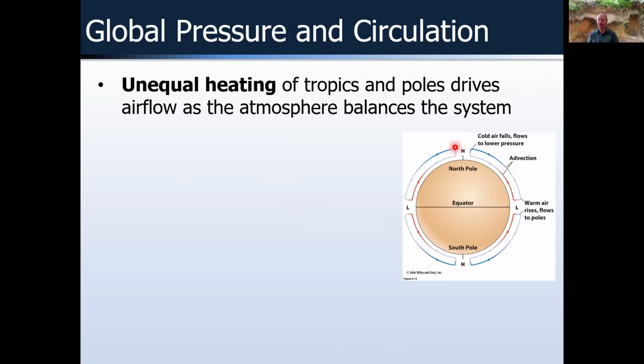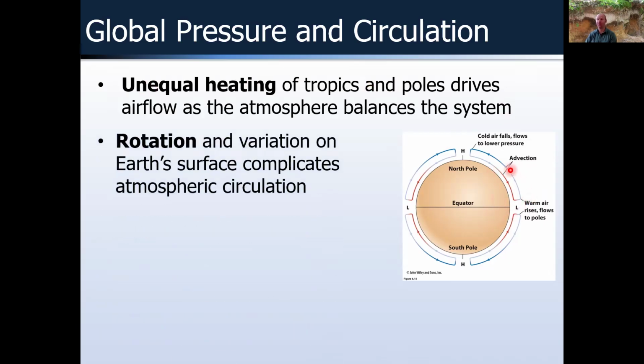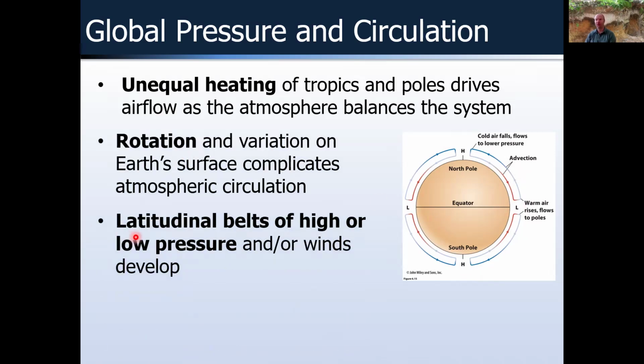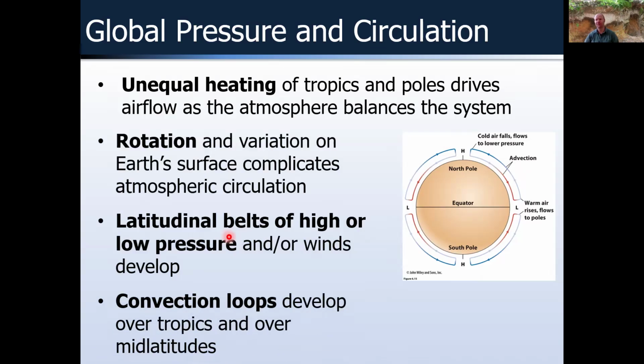Continents interfere, the differential heating of land and water interfere. We'll now begin to examine these major circulatory loops at a global scale, but they're all primarily driven by the unequal heating of the tropics compared to further north or further south. Now you add in rotation, and various low and high pressure systems that develop with land and sea interactions, and other convective loops.